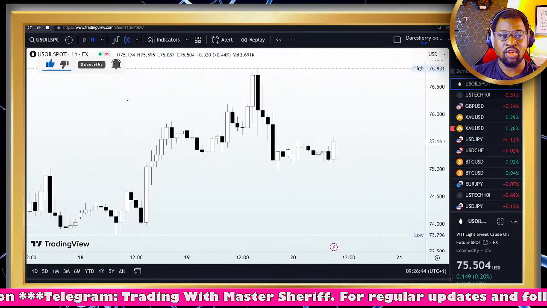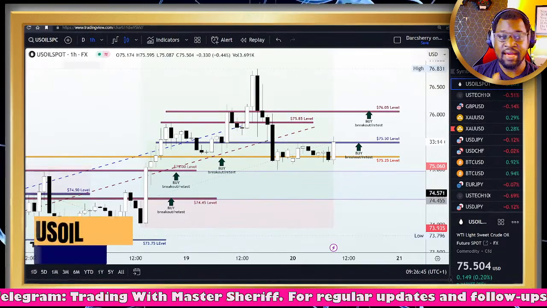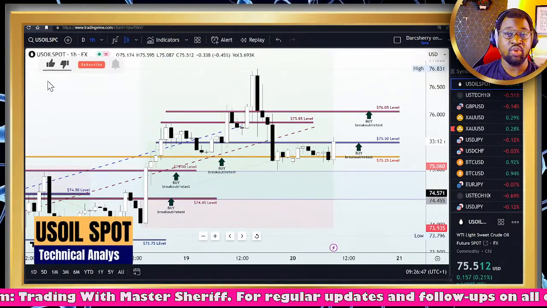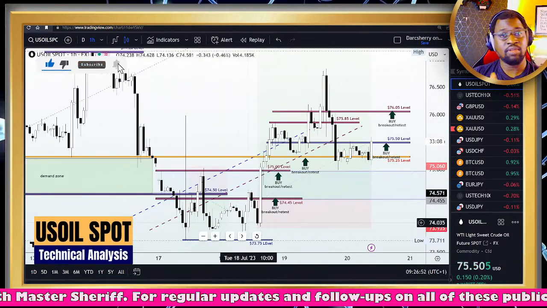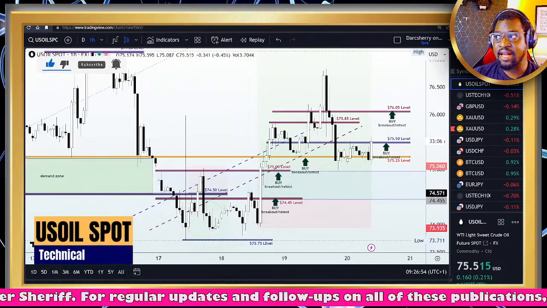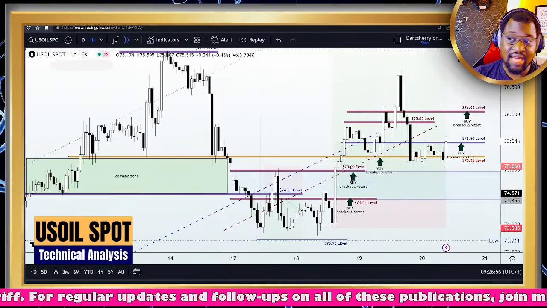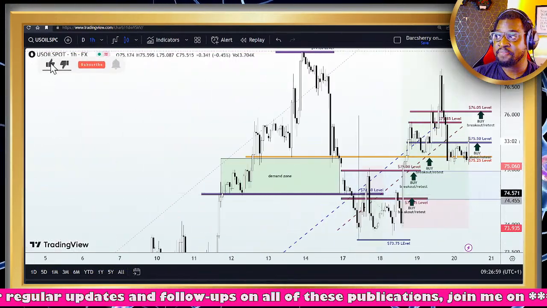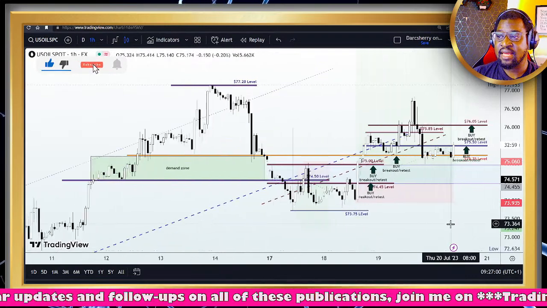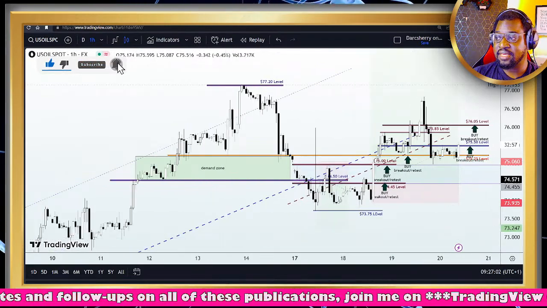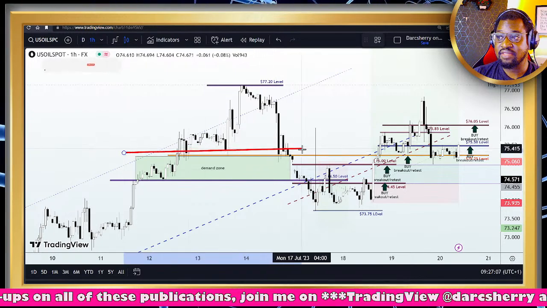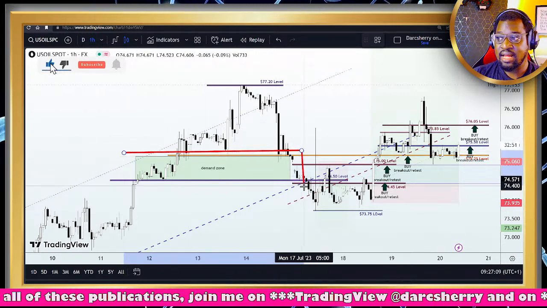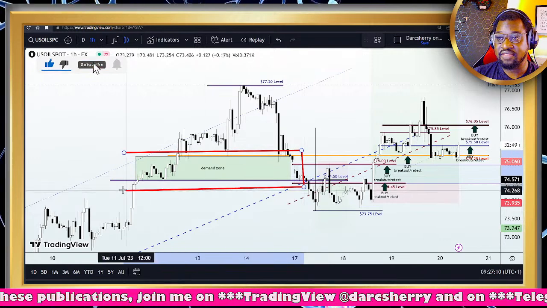On the USOIL SPOT, we have an interesting situation so far this week. The beginning of the week was looking like price might be going to the downside after we observed the breakdown of this demand zone we identified between the $75.30 level and the $74.50 area.